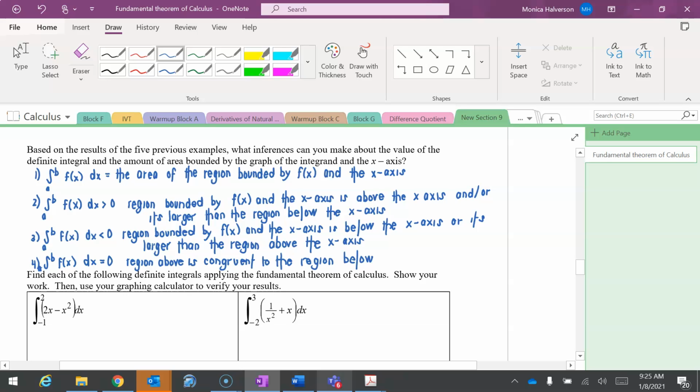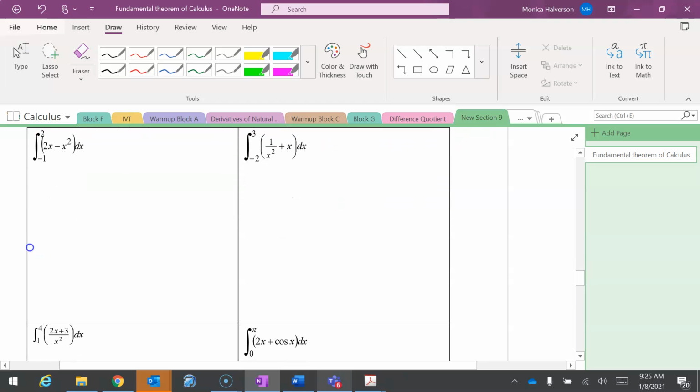So now what we'd like you to do is find the value of all of the definite integrals listed below. And I just want to remind you that if you're ever taking the definite integral of x to the negative 1, that equals the natural log of x. This is one of those special rules of integration. Go ahead and do the next 4 problems on your own.